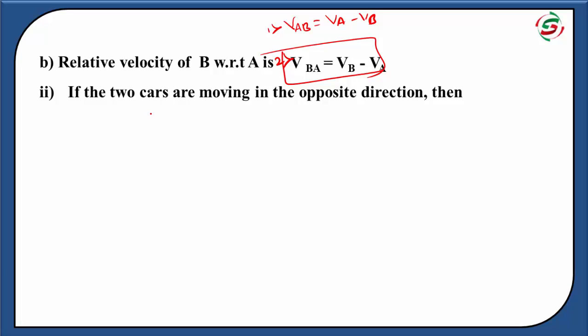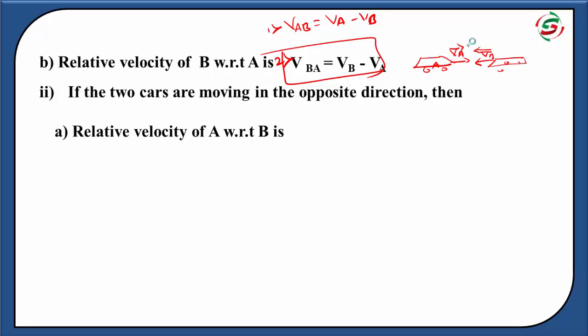Suppose the two cars are moving in opposite directions. This is car A and this is car B. The two cars are moving in opposite directions, this is VA and this is VB. Then you can write this equation: the relative velocity of A with respect to B, VAB is equal to VA minus VB, is right, but body B is in the opposite direction.